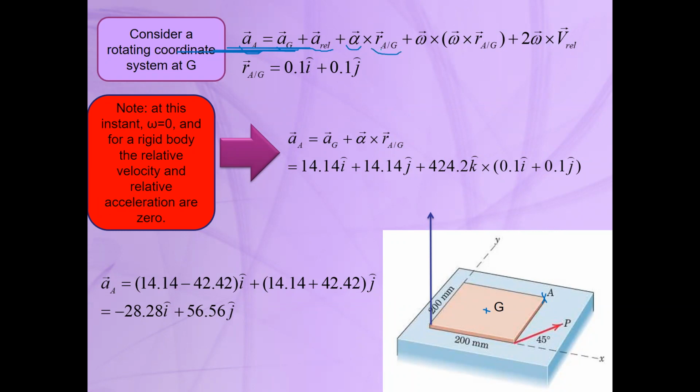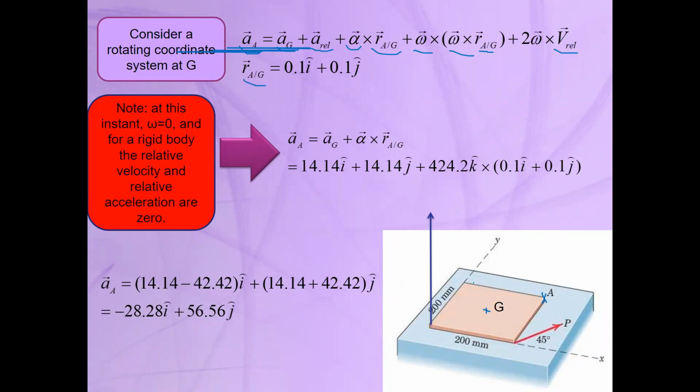RAG is the position vector of A with respect to G. Omega cross RAG, where omega is the angular velocity of the plate or of the coordinate system. And finally here we have V relative, again the relative velocity between point A and G.